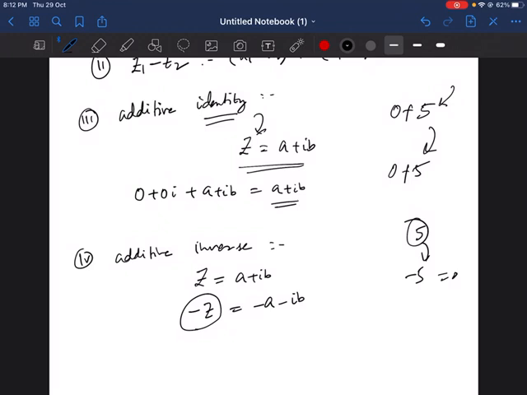Now if you add both of them, z minus z, it's a plus ib plus minus a minus ib. So you see a gets cancelled and b gets cancelled. So we get 0 plus 0i. So that's what additive inverse is all about.